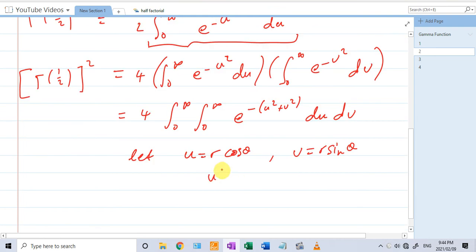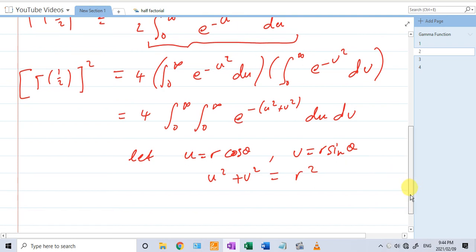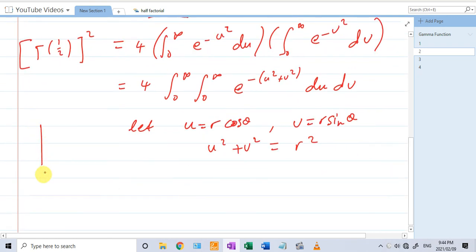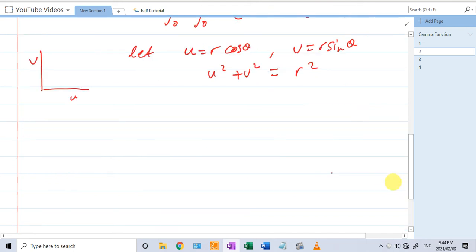So what we know is that u squared plus v squared is r squared cos squared theta plus r squared sine squared theta. We will get r squared. Now this is a uv plane, and we are transforming into polar coordinates, the r theta plane.